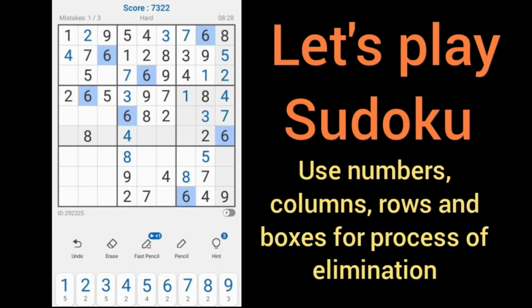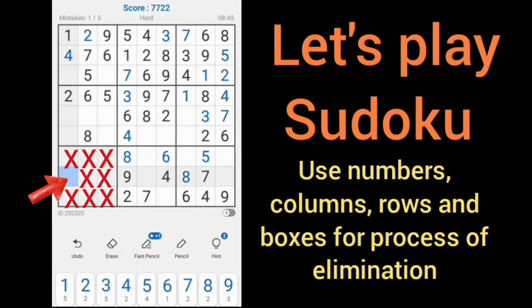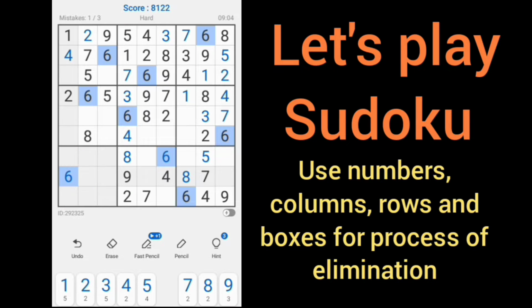Let's look at the 6 overlaps. We can place 6 right here, I believe. There's no overlap there. We should be able to get the final 6 here. Let's see, nothing. Final 6 should go right here, I believe. Okay, we've taken care of the number 6.